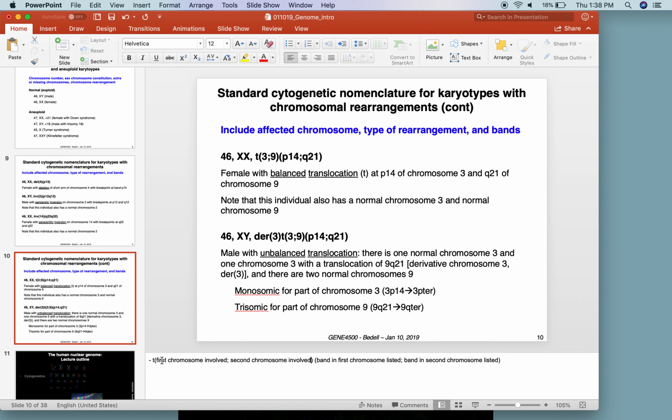That is telling me that the translocation actually involves the centromeric region of chromosome 3, because that's where you start thinking about whether there's nondisjunction or disjunction taking place. So this is a translocation involving 3 and 9, and again the breakpoints are P14 for chromosome 3 and Q21 for chromosome 9.